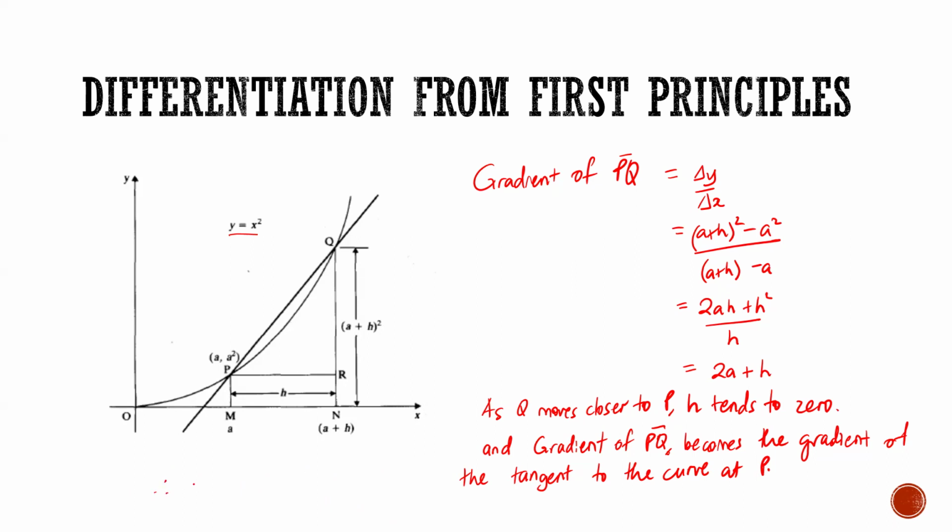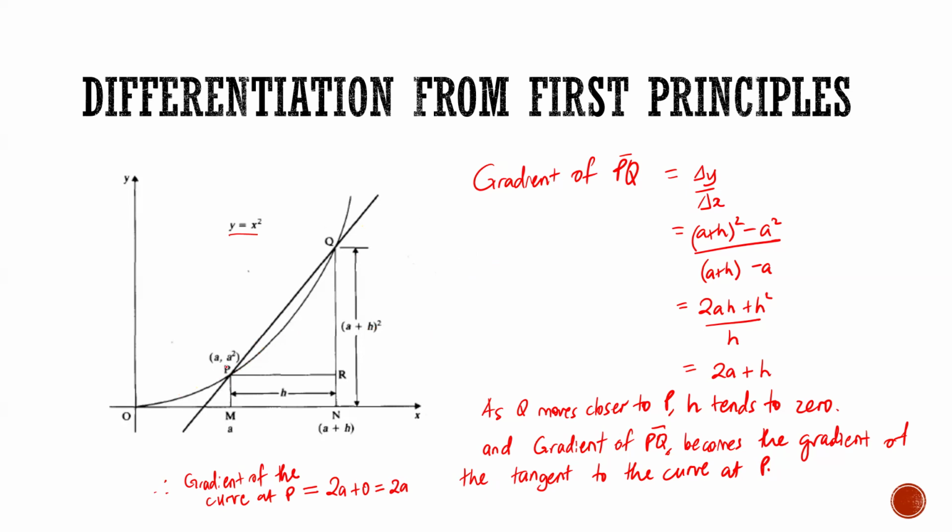And therefore the gradient of the curve at P, since it's the gradient of the tangent to the curve at P, is in fact equal to 2a plus 0, which is in fact 2a. But this was speaking generally.